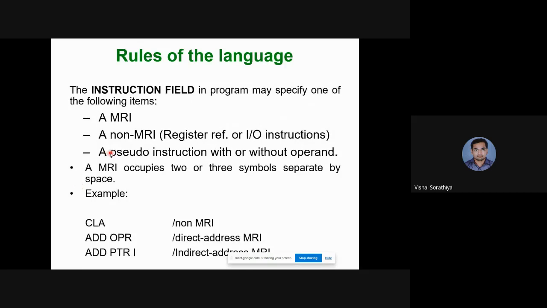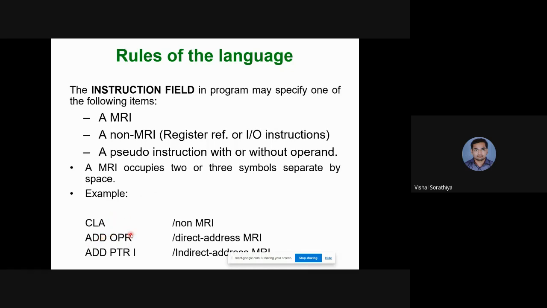We have discussed three things: direct memory address, indirect or direct non-memory reference instruction with IO or register reference, and pseudo instruction without the operand. It will look like this: MRI occupies 2 or 3 symbols separated by a space, like CLA. Then there are operands, and it will be either that no operand will be there.